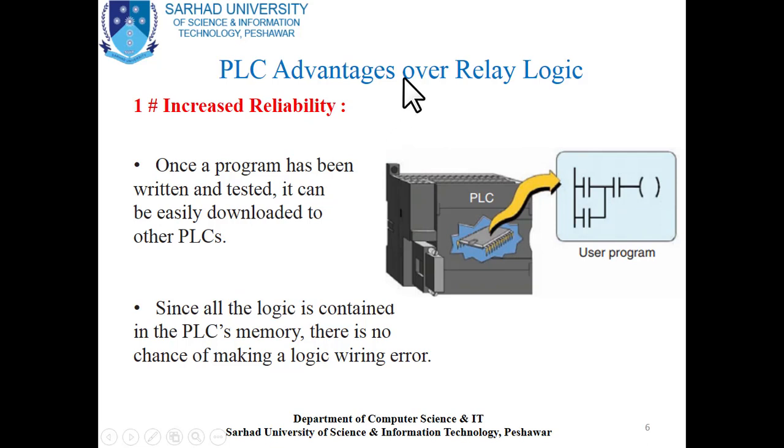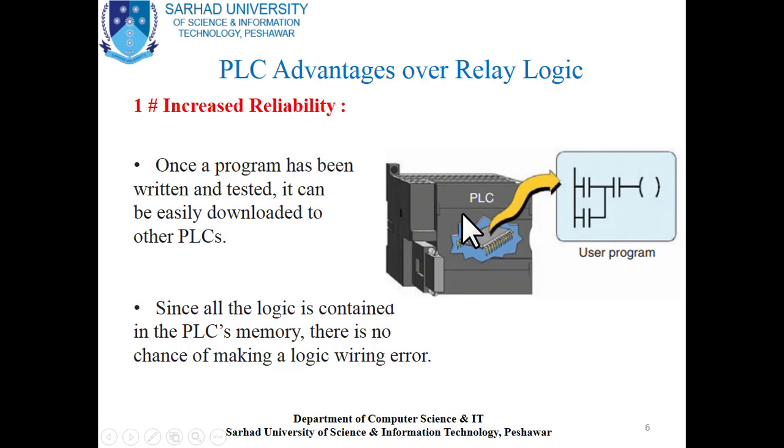PLC advantages over relay logic. There are several advantages of PLC over relay logic. The first one shown in the slide is increased reliability. Here you can see the pictorial diagram of a PLC. We know that a PLC has four or five basic building blocks.